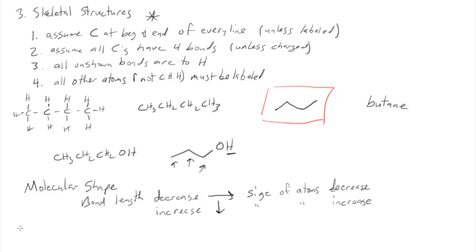And bond angles are pretty easy in organic chemistry. If you remember this from VSEPR, valence shell electron pair repulsion, and that is that electron pairs want to be as far apart as possible.